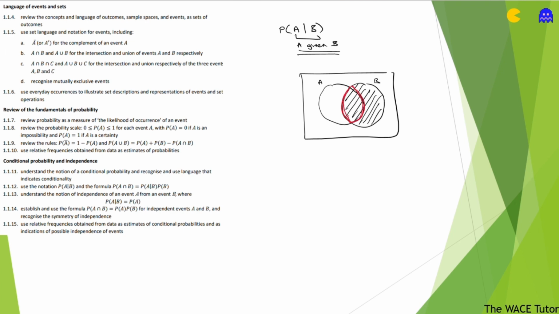This is the event A occurring within B having occurred. So my probability of event A occurring given that B has occurred is equal to the probability of the intersection of A and B divided by the probability of B. Alternatively, I can also write this as the number of people in A and B divided by the number of people in B, or the number of elements in A and B over the number of elements in B.